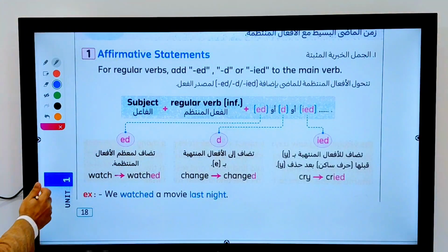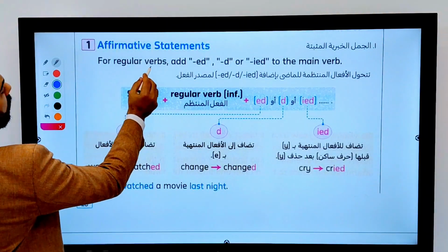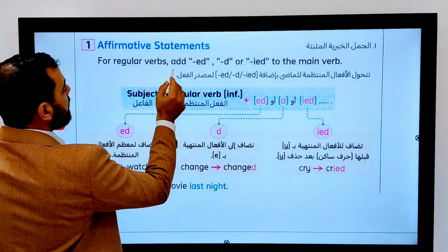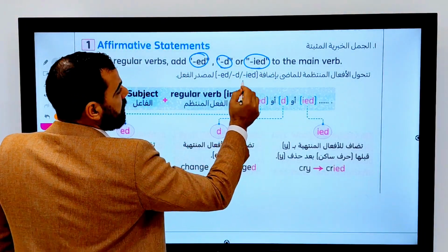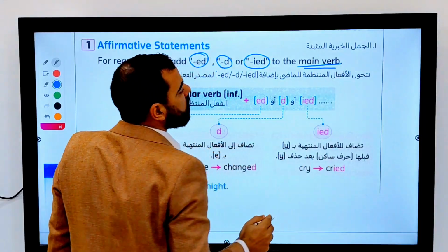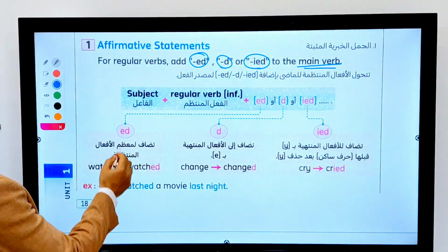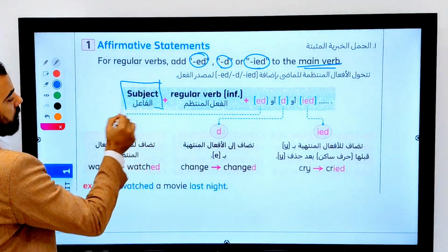Affirmative statement. For regular verbs we add d, ed, or ied to the base verb. The sentence starts with the subject.